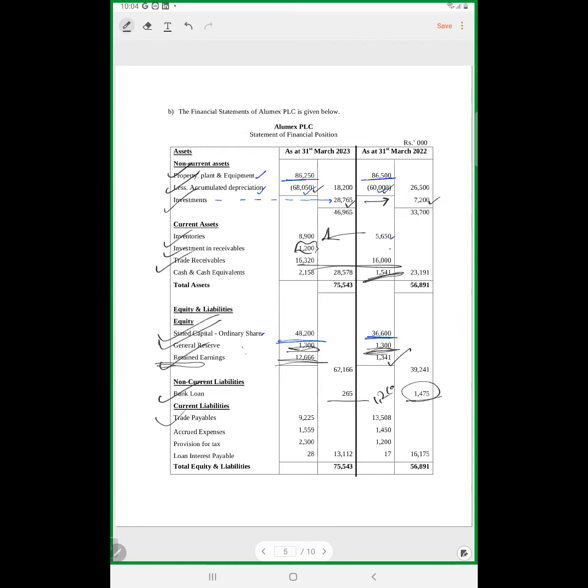So then trade payable. You can record it. It has reduced, which means we need to deduct it. How much is the difference? 13,508 minus 9,225, that is 4,283.